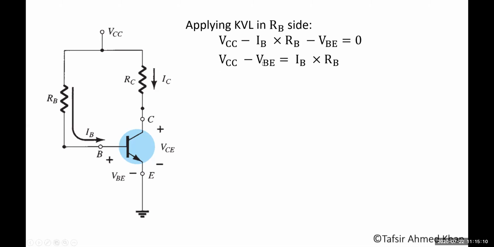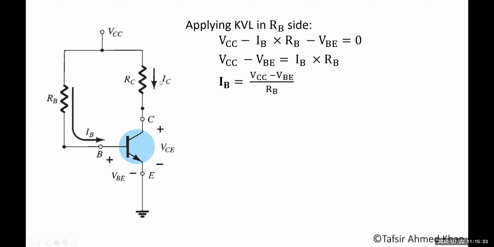VCC minus VBE equals IBRB, because VCC is known and VBE is known. RB is also known, so take RB to the bottom. So your IB is equal to VCC minus VBE divided by RB, right? That is your formula for IB.